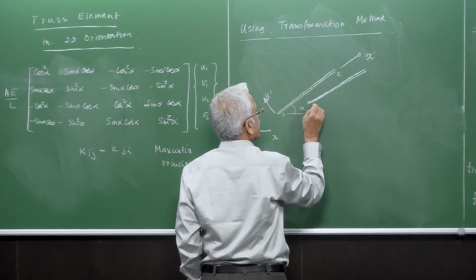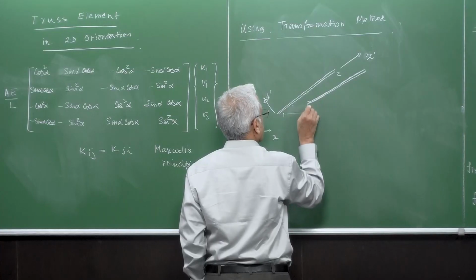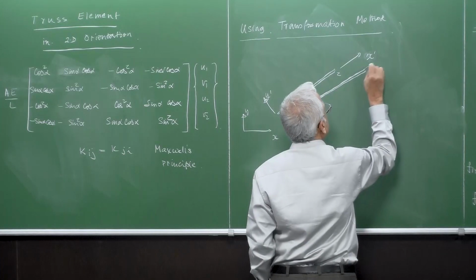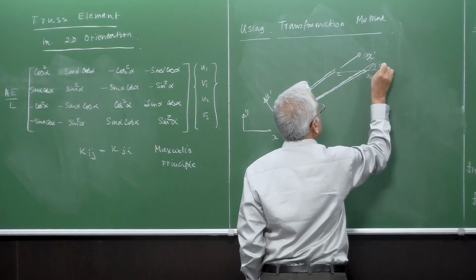So the point 1 has moved to 1 prime here. You call this U1, V1, and here we have U2, V2.